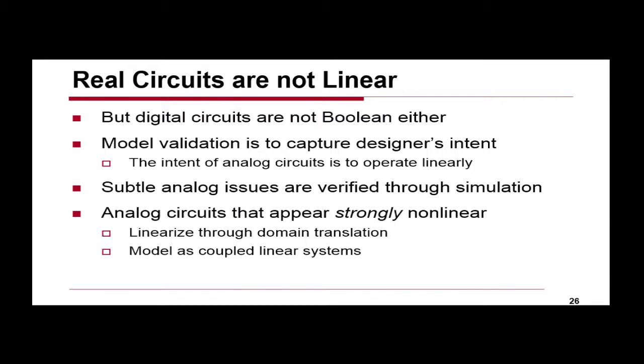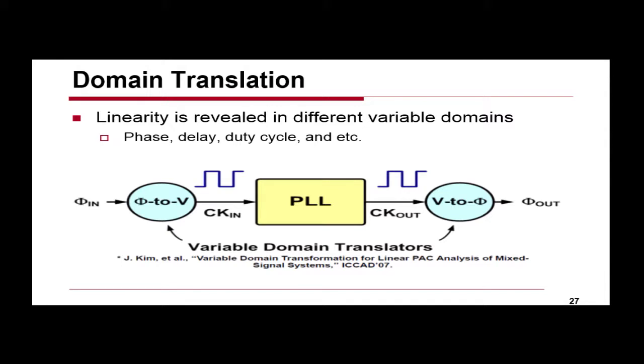And I will say that there are analog circuits that appear strongly nonlinear, but we're going to linearize them using what I call domain translation, or by modeling them as coupled linear systems. So I'll give you two examples of systems that appear highly nonlinear that are actually easy to handle. The first one that looks highly nonlinear is a standard clock PLL.